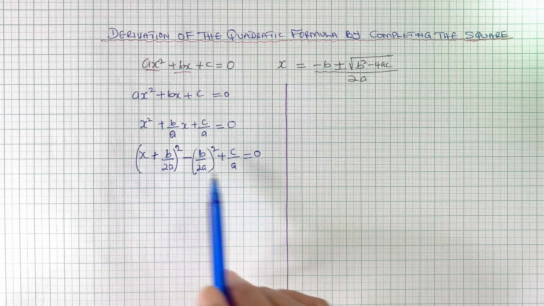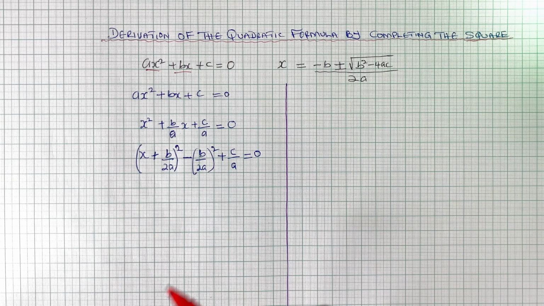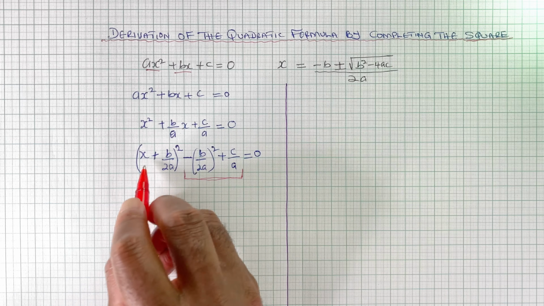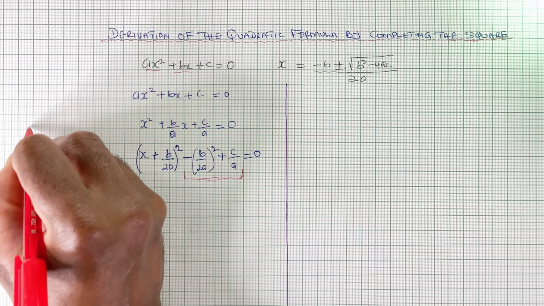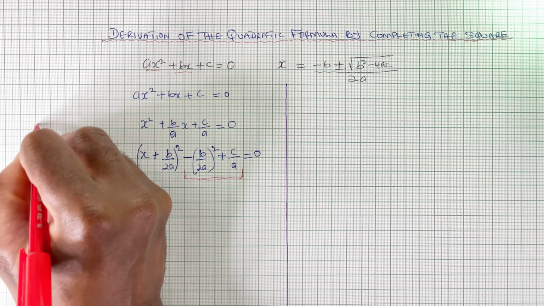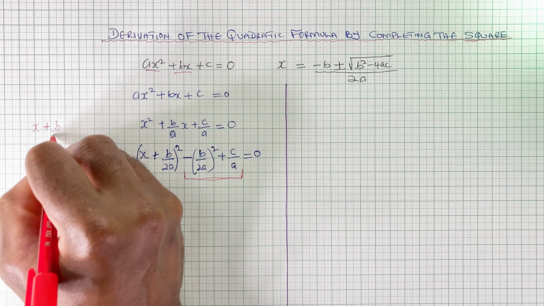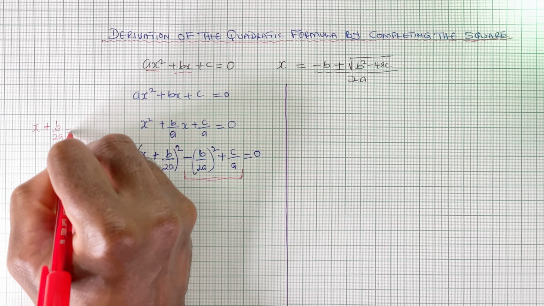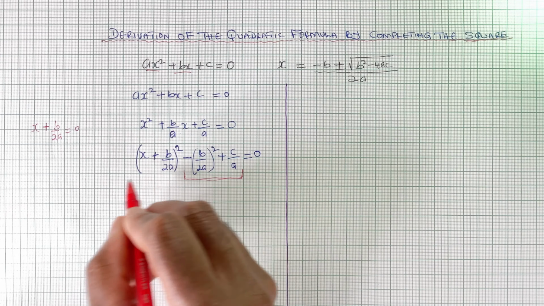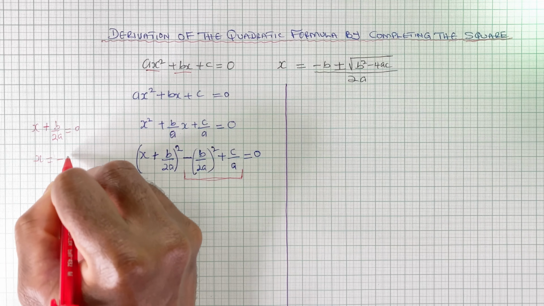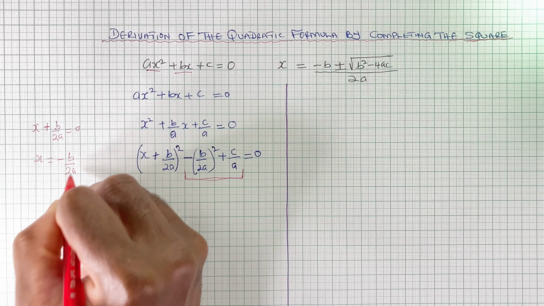This bit here is actually my y at the turning point. And at the turning point, my x, because I can see x plus b over 2a, if I set that to 0, then at the turning point x will become minus b over 2a.